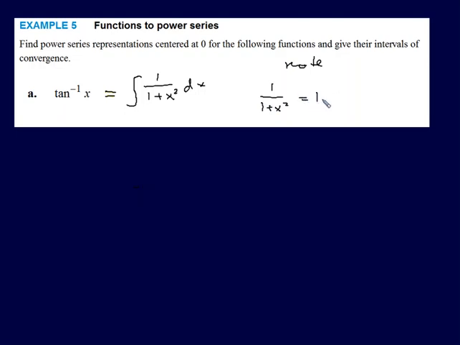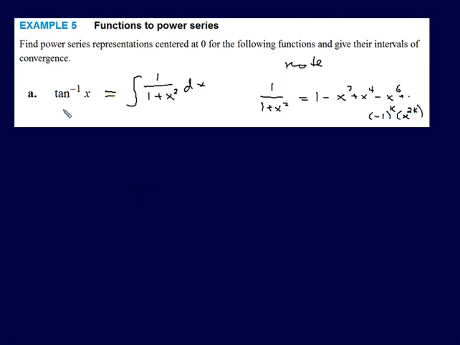It was the one that went 1 minus x squared plus x to the 4th minus x to the 6th. So it was an alternating series. The general term was negative 1 to the k times x to the 2k.